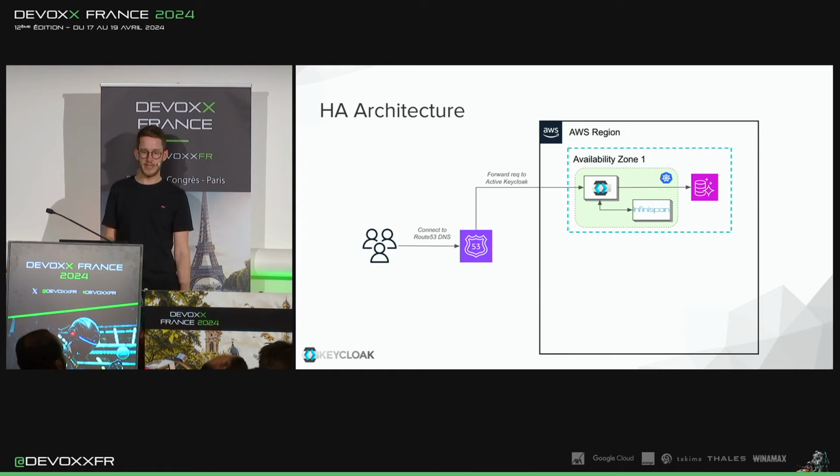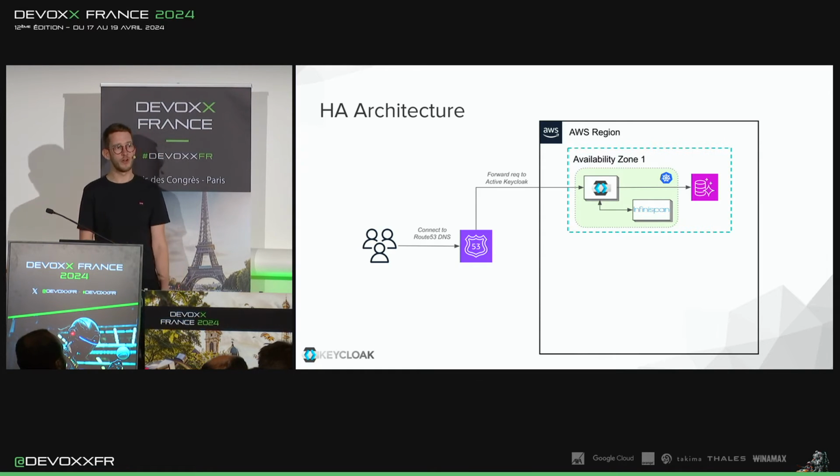Route 53 is responsible for forwarding all of the requests to our active site, which in this case is availability zone 1. Within this availability zone, we have our Kubernetes cluster, our Keycloak pods, Infinispan server pods, and we also have our Aurora writer instance in the same AZ, with the Keycloak pods connecting to it.